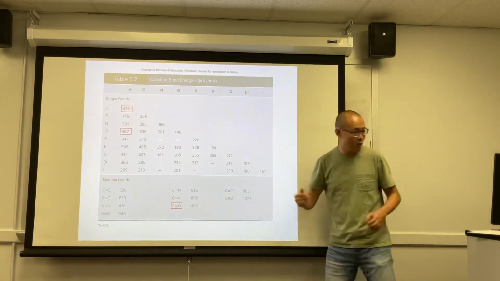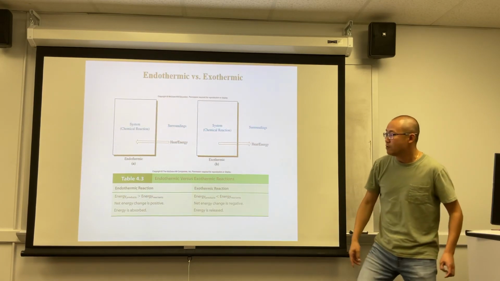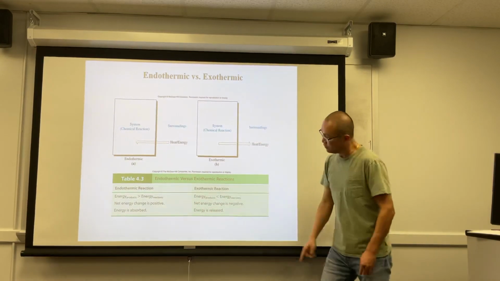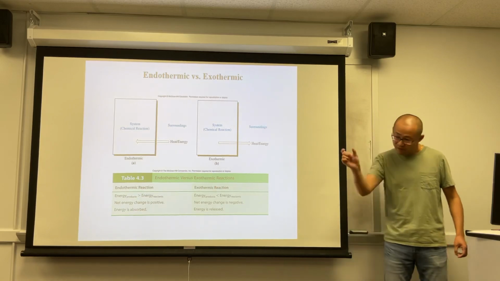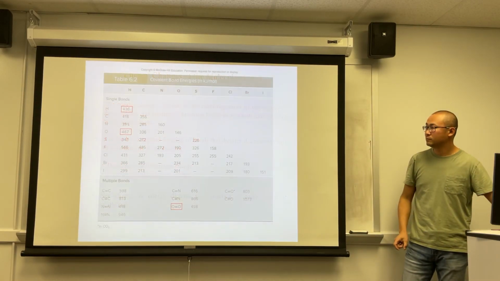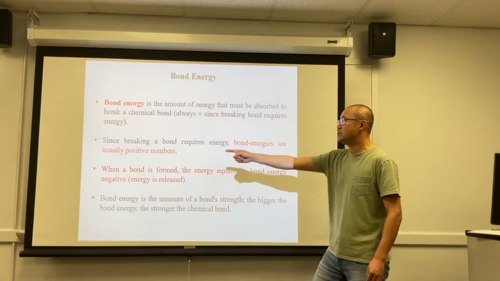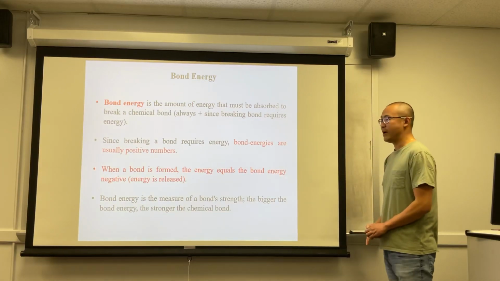Remember, that's why we keep saying in the beginning that this chart is important. Absorb energy, the sign is positive. Release energy, the sign is negative. The value should be the same. That's why we say here, when a bond is formed, the energy equals the bond energy, but in a negative value.